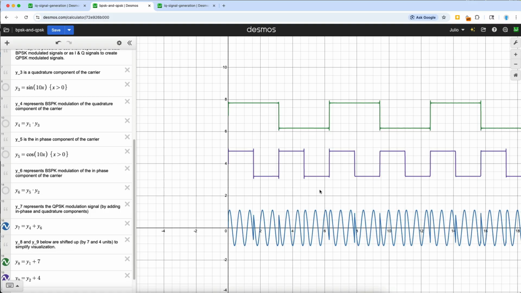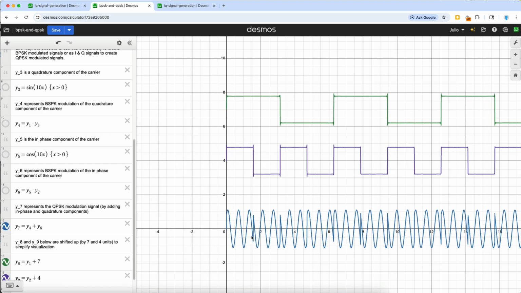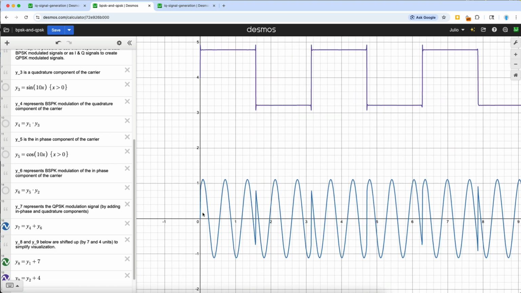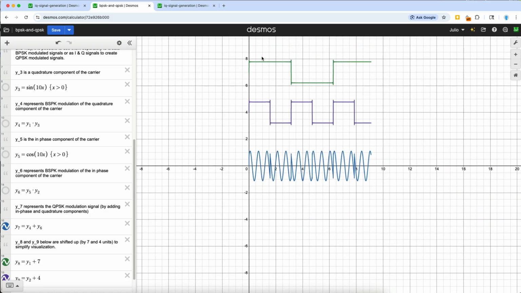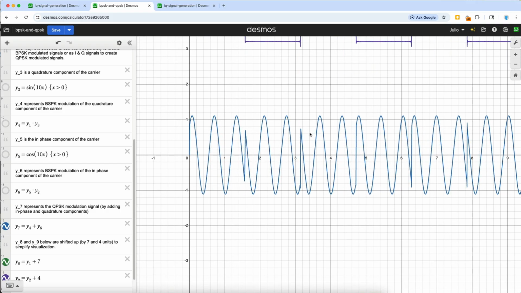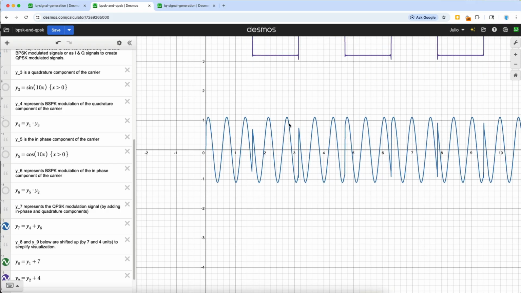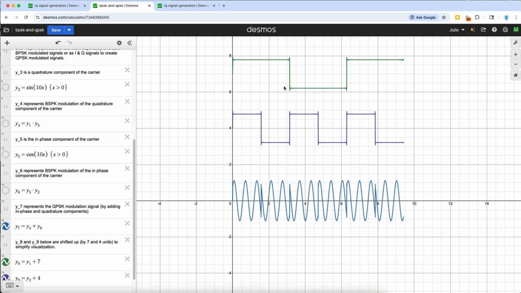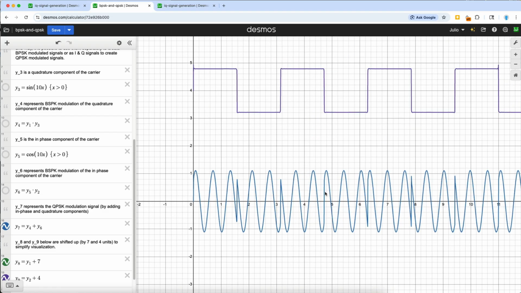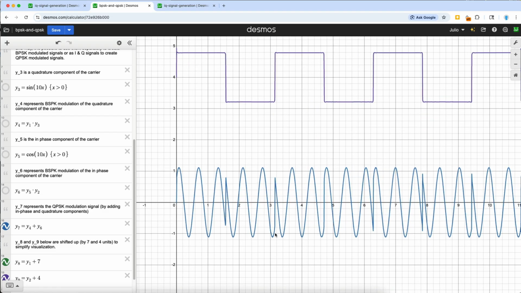Our symbols now last a shorter period of time, so they only last here. Whenever I send a 1, 1, I send this symbol right here. Whenever I send a 1, 0, I send this symbol right here. Whenever I send a 0, 1, I send this symbol right here.